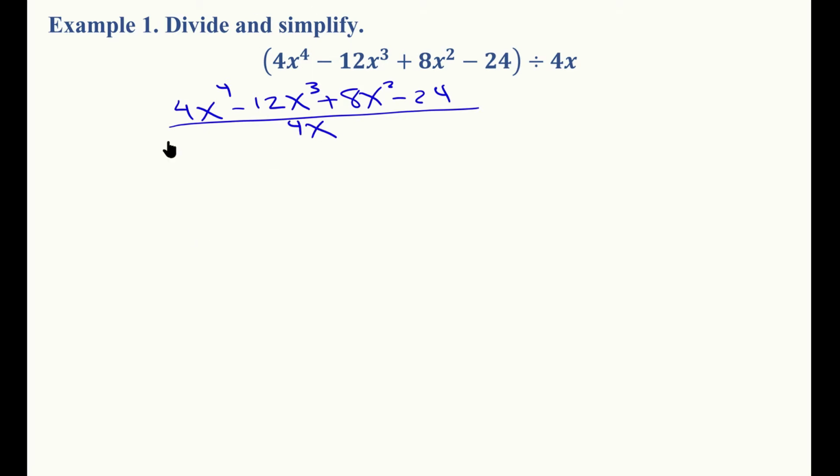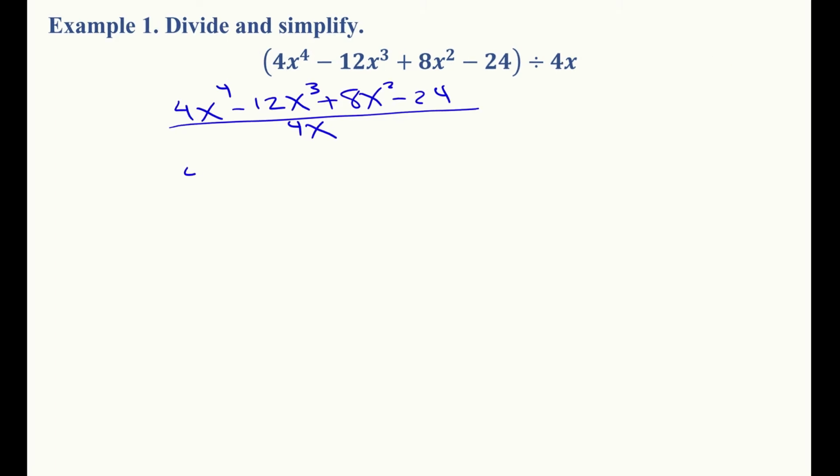I do not recommend trying to cross cancel and do some of this in your head. In my experience, the students who get themselves in trouble are the ones who try to skip too many steps. So you do a little bit more work, but it pays off by getting to the right destination.